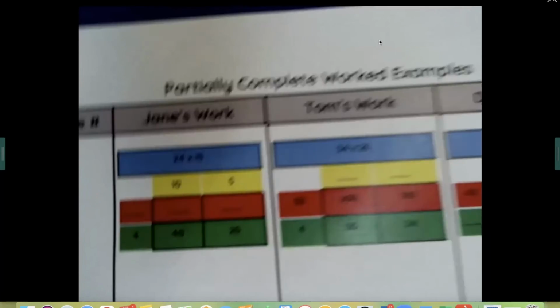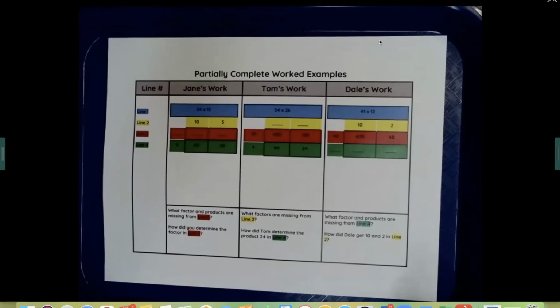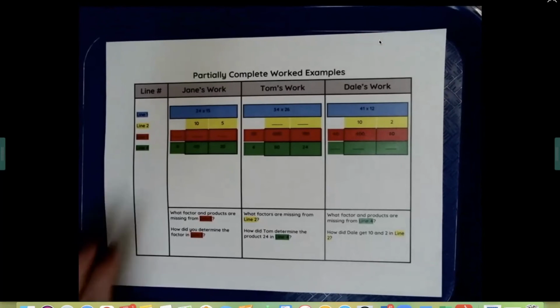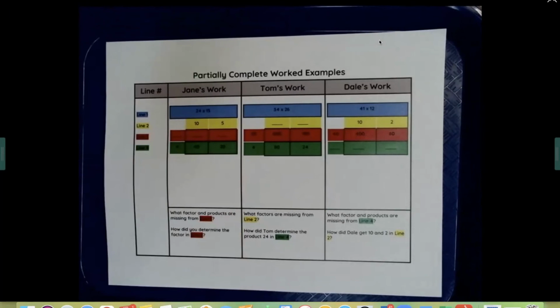I'm going to move that down so you can see the whole thing. And I'll just tell you what those numbers are. This is Jane's work, Tom's work, and Dale's work, and it's partially complete. So with a partially complete, then obviously there's been things left out. So in Jane's work, line 3 is where her work has been left out.